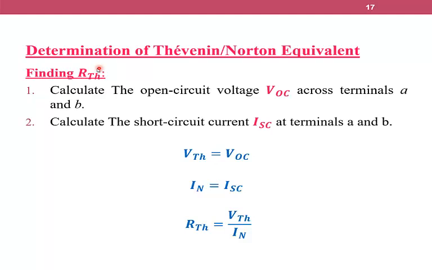In order to find R Thevenin, you are first going to calculate the open circuit voltage, VOC, across terminals A and B. After that, you are going to calculate the short circuit current, ISC, at terminals A and B. So V Thevenin equals V open circuit and I Norton equals I short circuit. R Thevenin equals V Thevenin over I Norton.